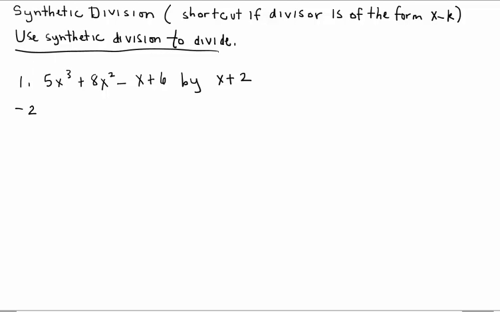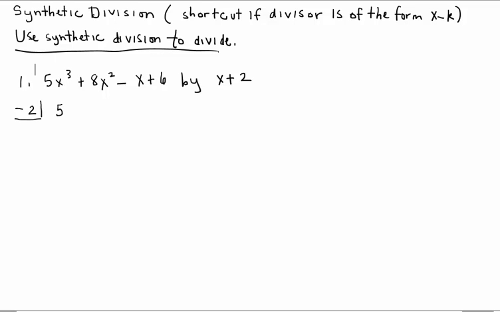So let's look at the 0, negative 2. And notice what I'm going to do. I'm building an array of numbers. I'm going to put this in its own little box up here, negative 2. Then across the same row as this boxed negative 2, the 0 of that factor, take all the coefficients, starting with the highest degree, so 5.